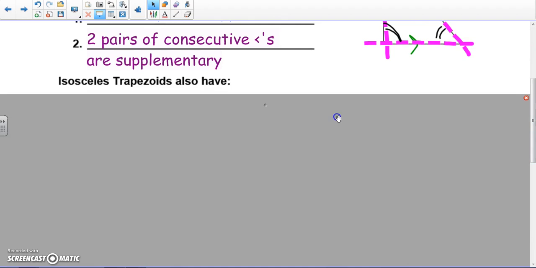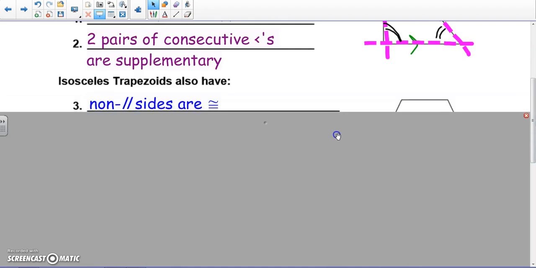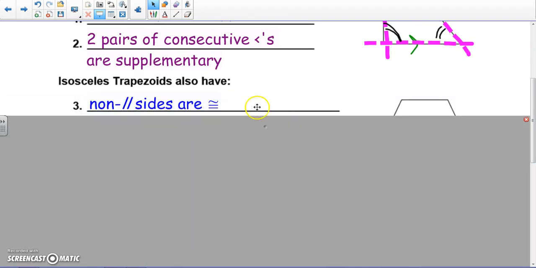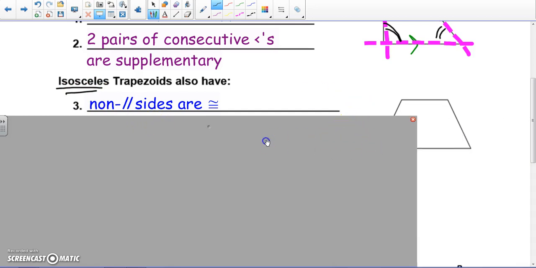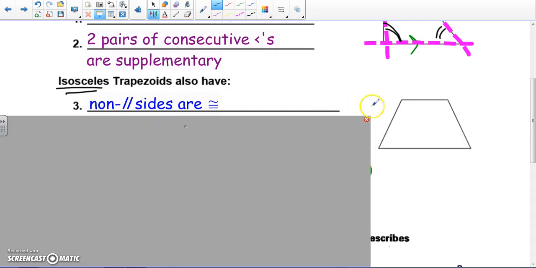Now, a little more common for Regents tests and proofs, we're going to have isosceles trapezoids. Isosceles trapezoids are just like isosceles triangles in that we have two sides that are congruent. For a trapezoid, those congruent sides will be the non-parallel sides. So in an isosceles trapezoid, the non-parallel sides are congruent, also like an isosceles triangle.